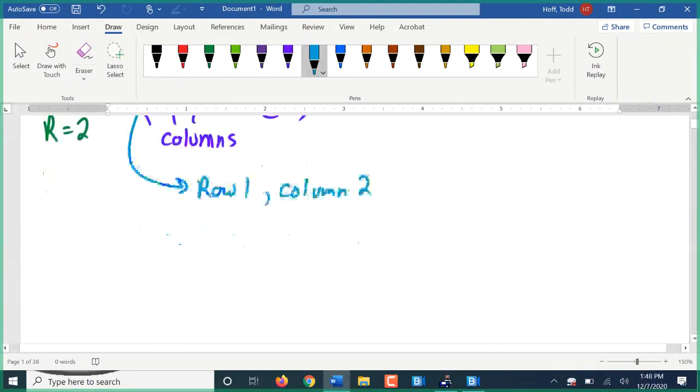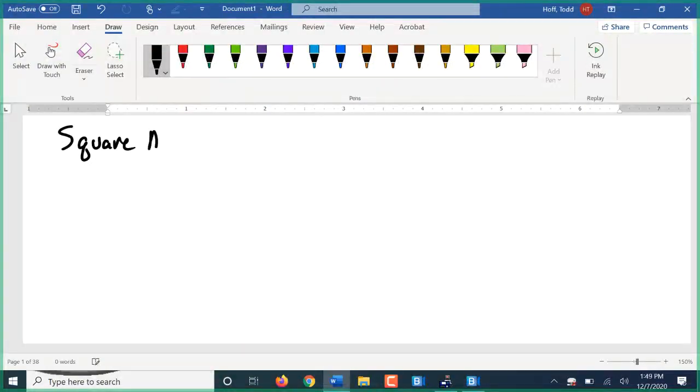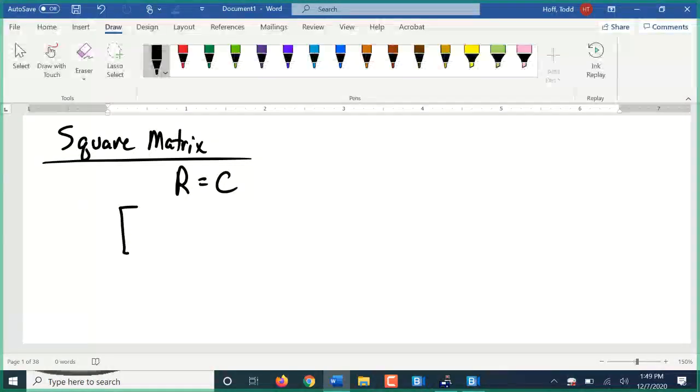Well, what we are concerned about for this section of the class is a special type of matrix called a square matrix. And in a square matrix, the number of rows equals the number of columns. By the way, these brackets are typical to put around a matrix. Little square brackets.